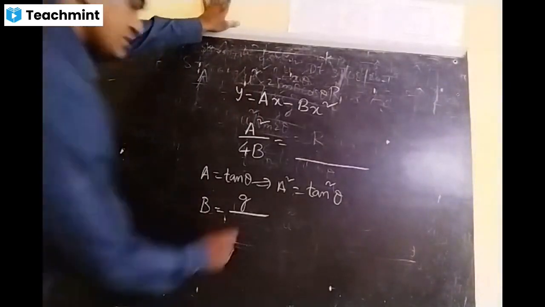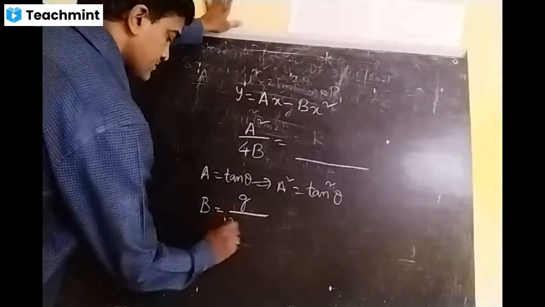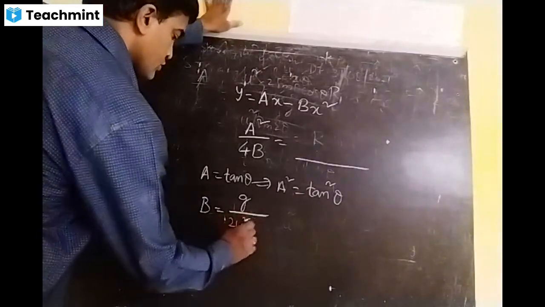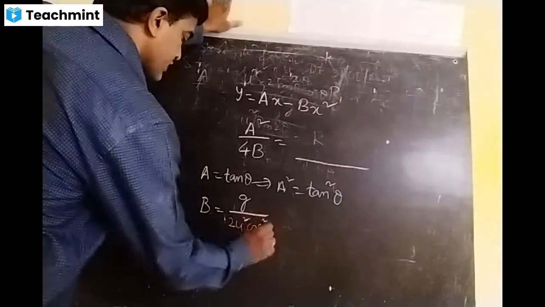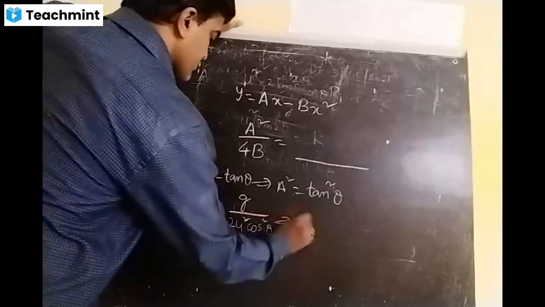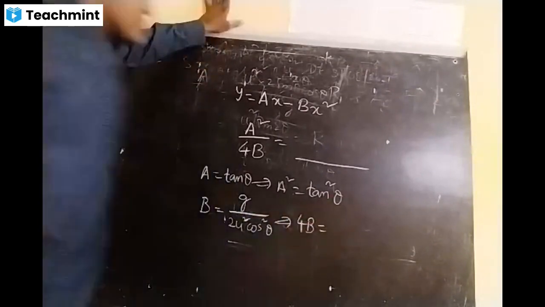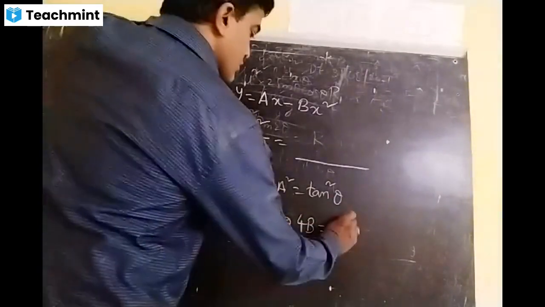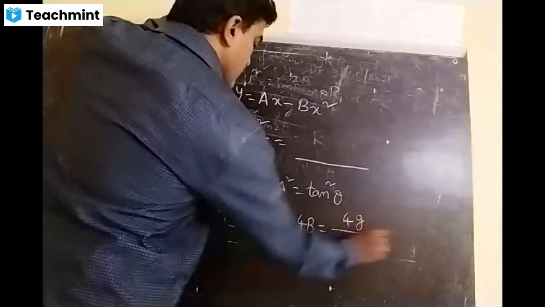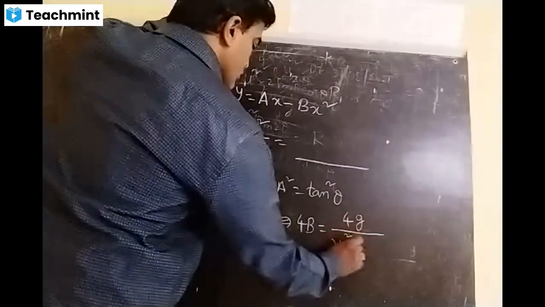Let us see. B is equal to g by 2u square cos square theta, which implies 4b is equal to 4 into g by 2u square cos square theta.